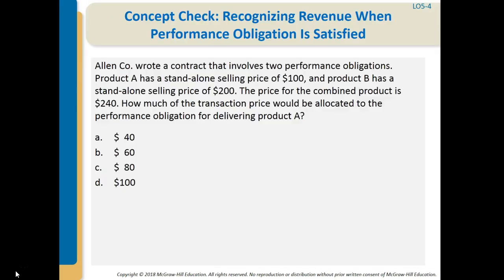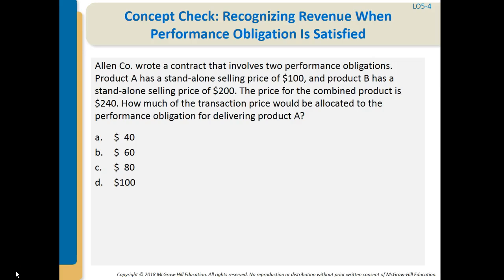So let's take a look at this question. Allen Company wrote a contract that involves two performance obligations. Product A has a standalone selling price of $100, and Product B has a standalone selling price of $200. The price for the combined product is $240.